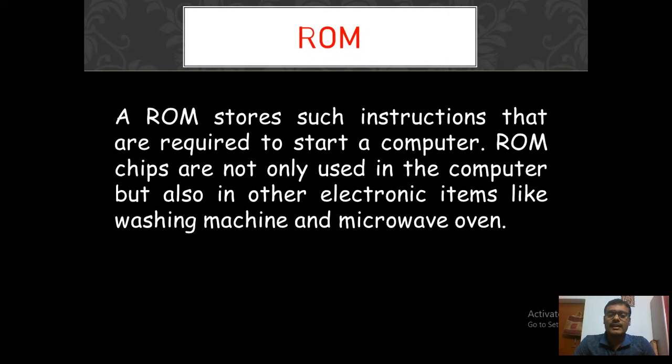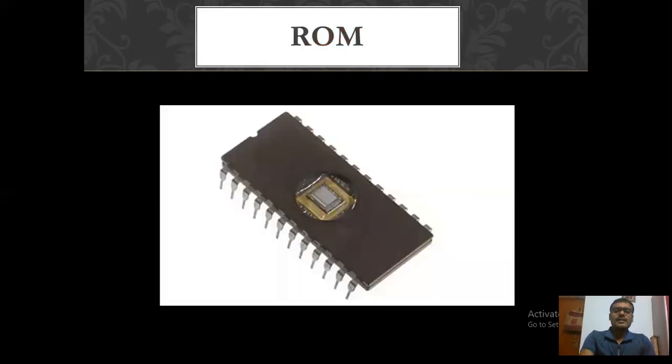Okay, so that they can work. So other electronic items like washing machine and microwave oven also contain ROM IC. Or those electronic items in which some automatic setting is present, those electronic items contain ROM IC. You can see the picture of ROM IC.